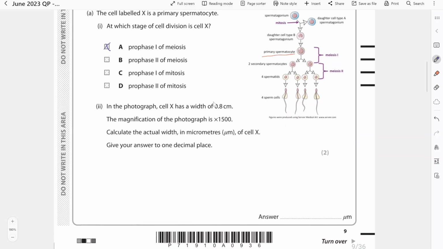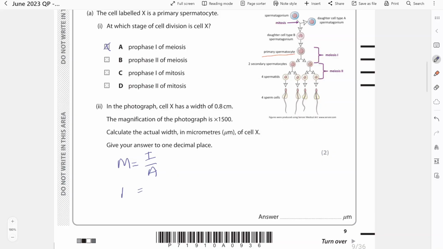All right, part 2. In the photograph, cell X has a width of 0.8 centimeters. The magnification of the photograph is 1,500. All right, the equation for this is magnification equals image size over actual. In this case, we need to rearrange the equation so that the actual is on one side.